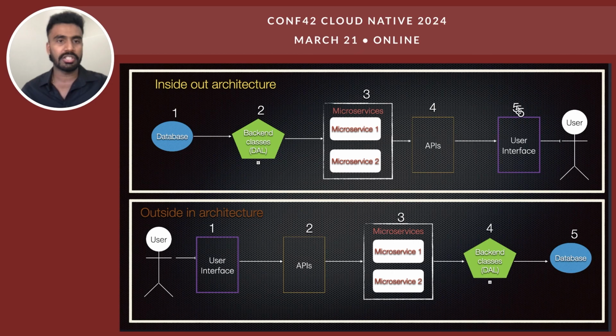As you can see, the pictures here are very general, like whatever I have been talking about until now. Any system has, as you can see in the outside in architecture first, a user making some request, say on an e-commerce platform, where he wants to make a payment.